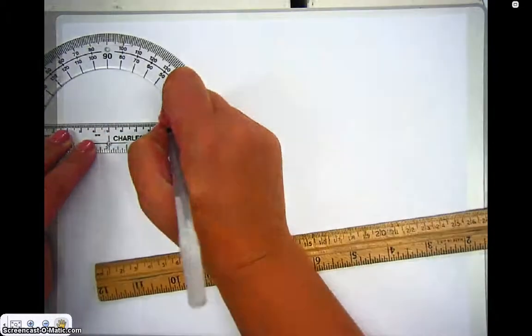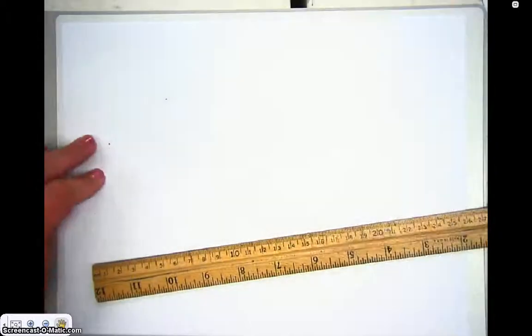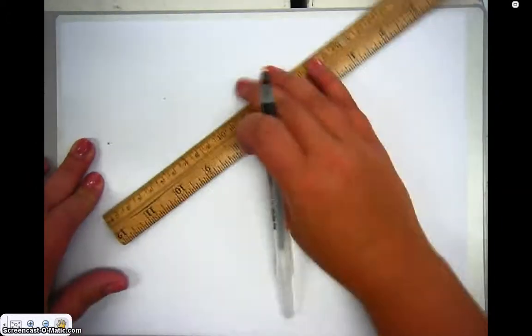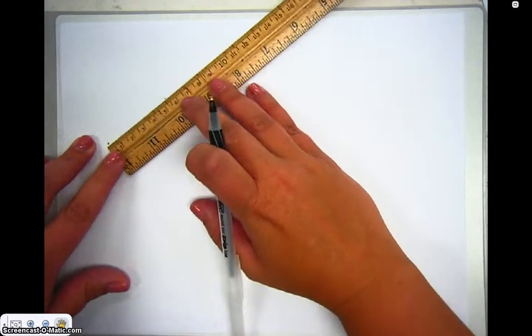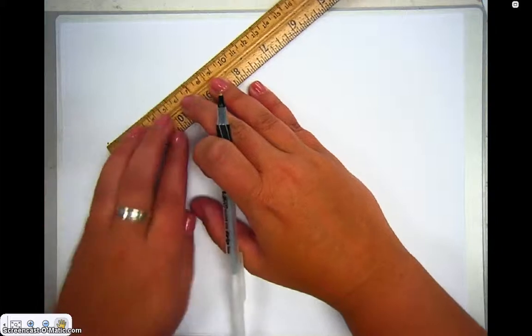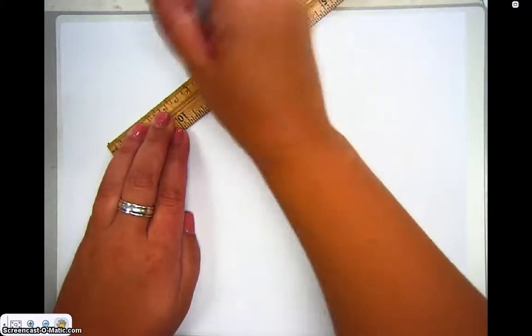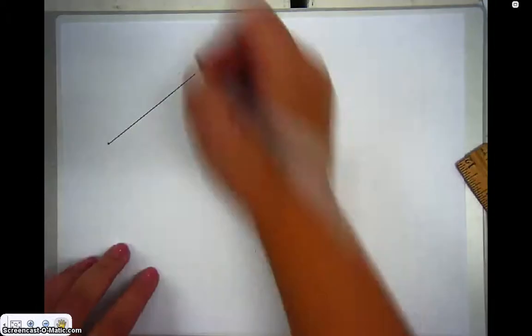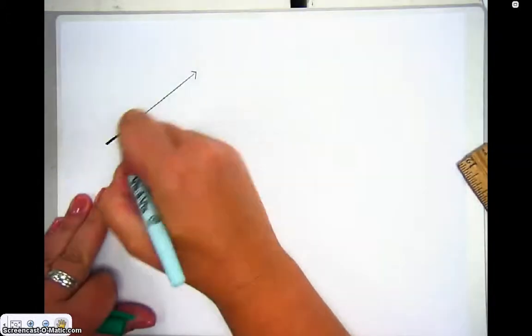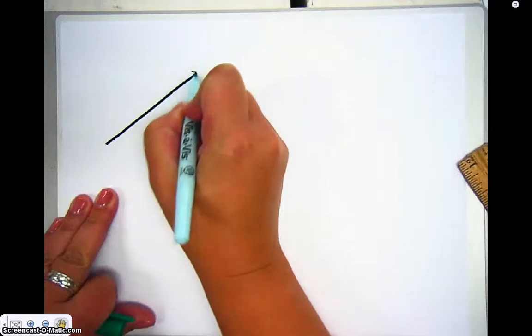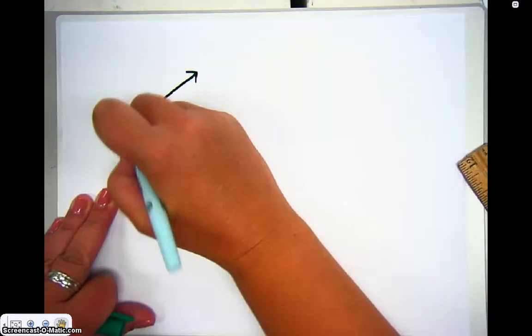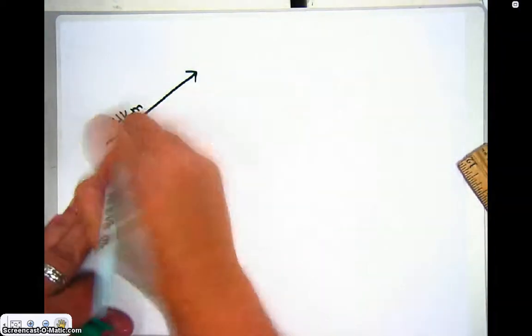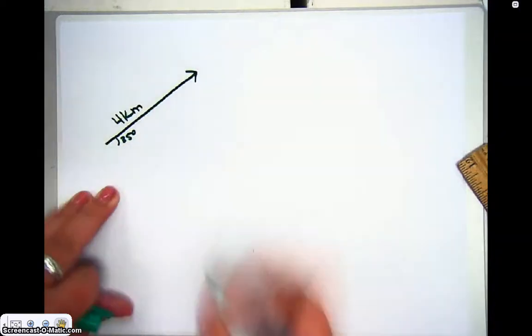So we're going to want to go about over there. And it's 4 kilometers, so I'm going to do just 8 centimeters to keep some scale here. Let's use a color just so we can distinguish the different vectors. So 4 kilometers, and we are 35 degrees north of east.